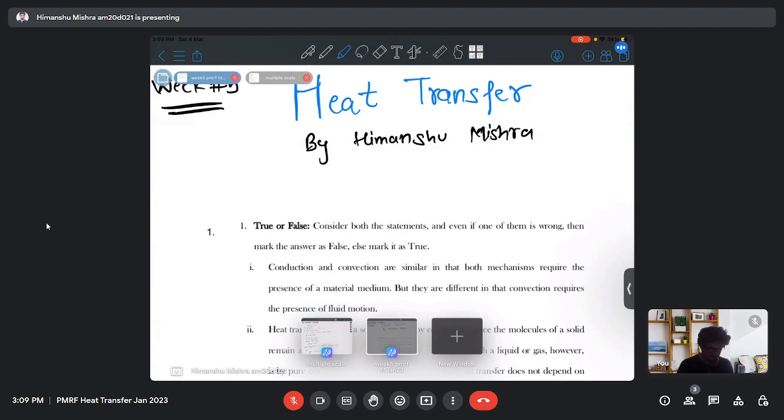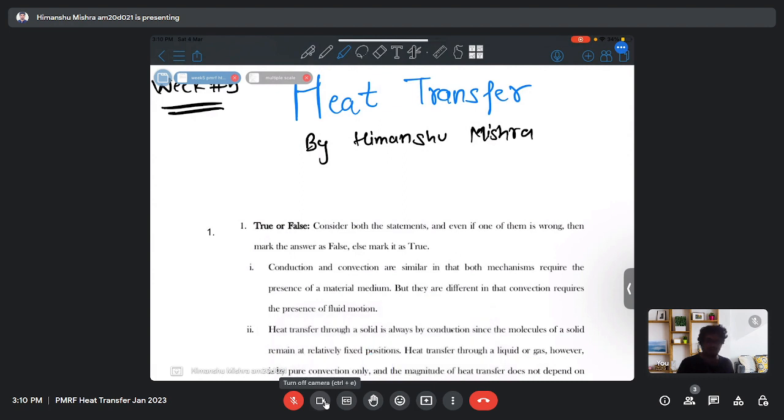Now it is not there. Yes, it is clear now. Okay, it is clear, right? Yeah, it is clear now.